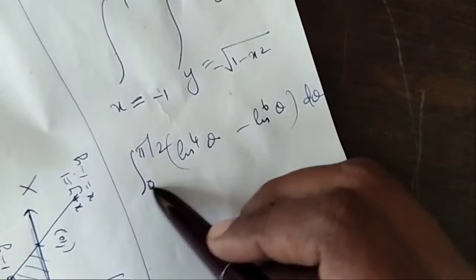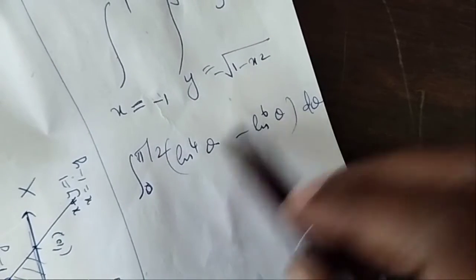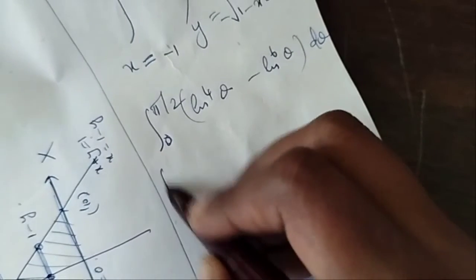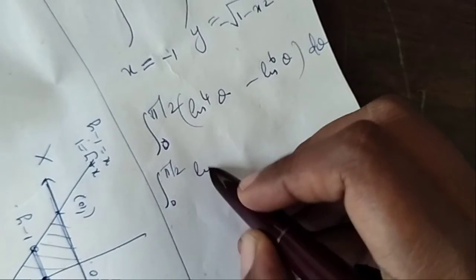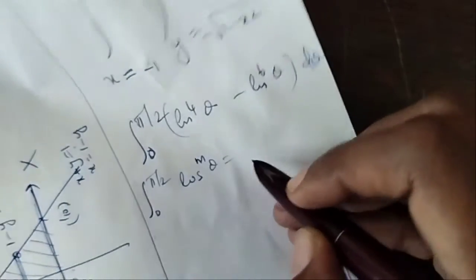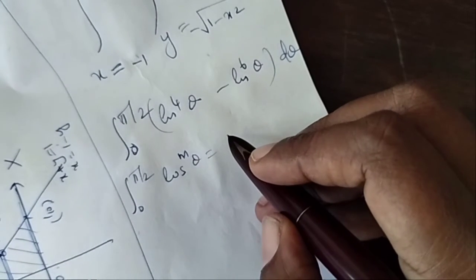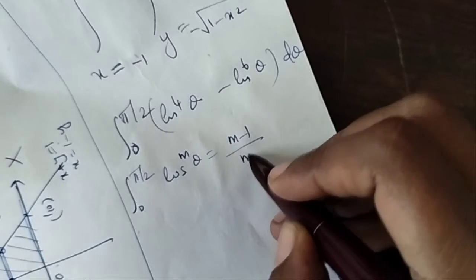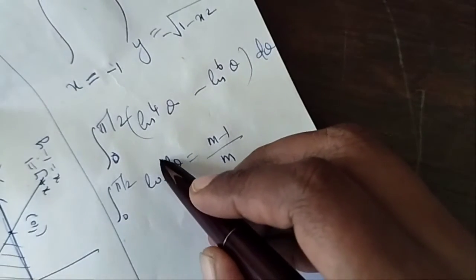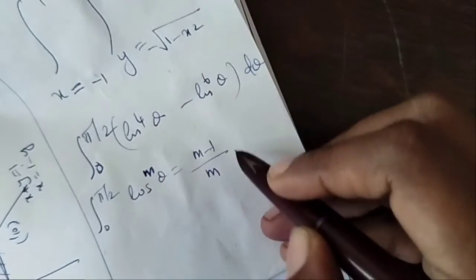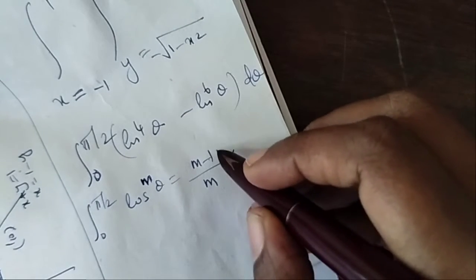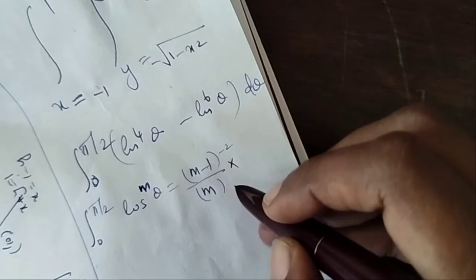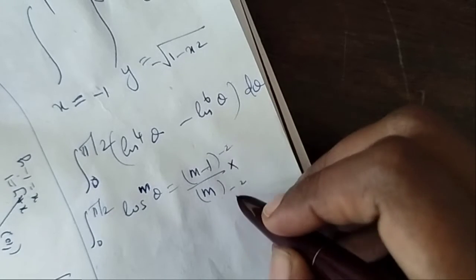And if the limit is 0 to pi by 2 and the function is sine or cos, we can use a formula. That is, integral 0 to pi by 2 of sine raised to m or cos raised to m theta is m minus 1 by m, that is, subtract 1 from m and same m, into, again subtract 2 from the numerator and denominator.